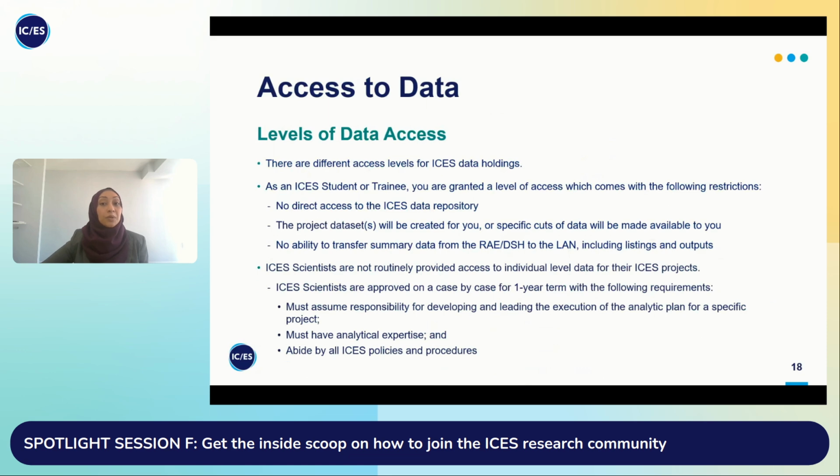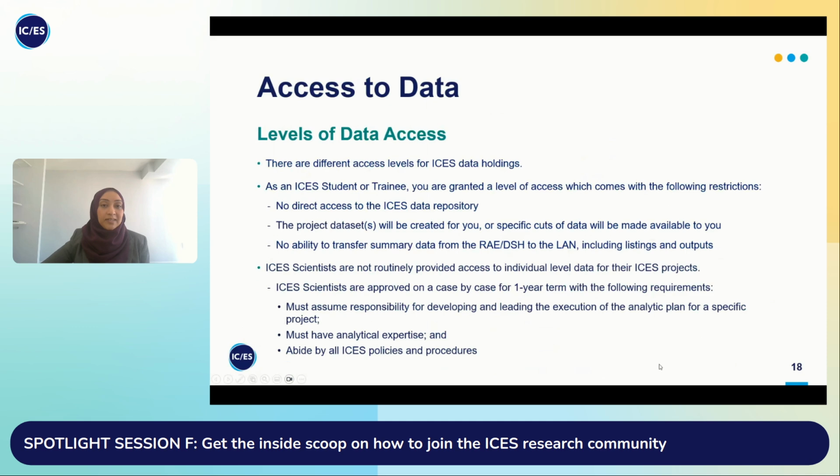So they'd create the cohort and pull additional variables. ICES students and trainees do not have the ability to transfer summary data from the analytic environment directly. And so how this works is that you would work with the analyst who would assist you with these requests. The analyst would actually vet the output to ensure no small cells are included in the output, and then share the files with the student or the trainee.